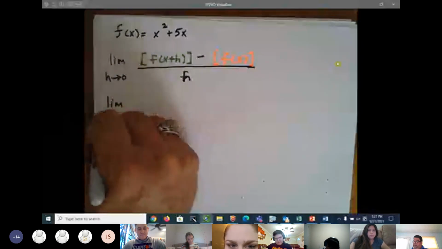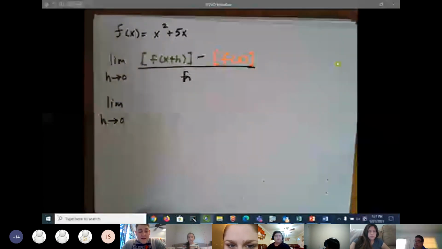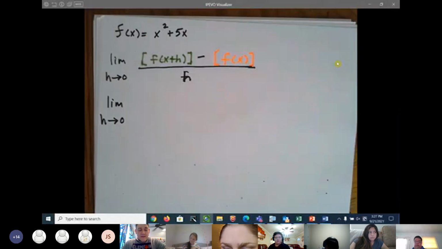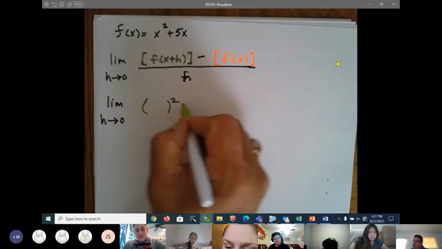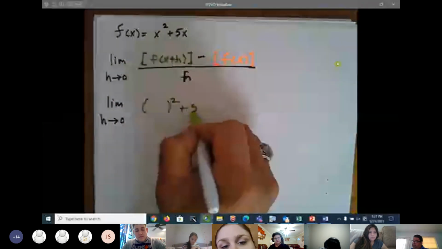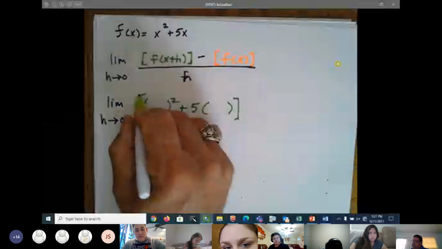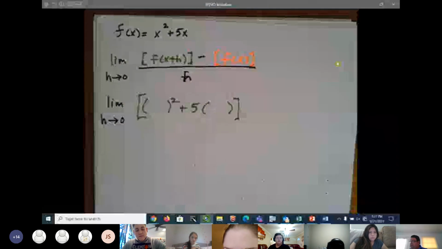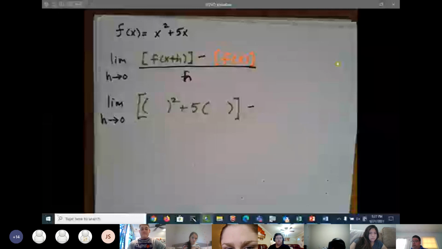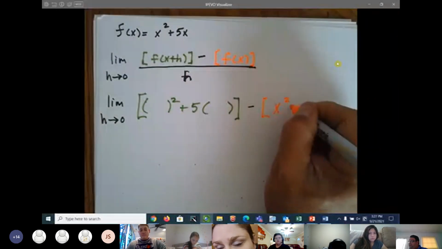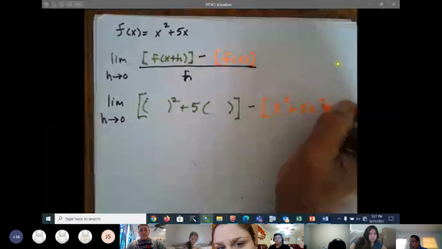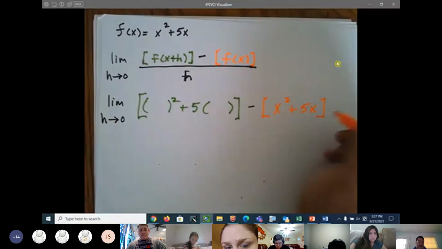Limit h approaches 0. And I'm going to rewrite this with a big set of parentheses. So parentheses squared plus 5 times parentheses, minus x squared plus 5x, all that over h.